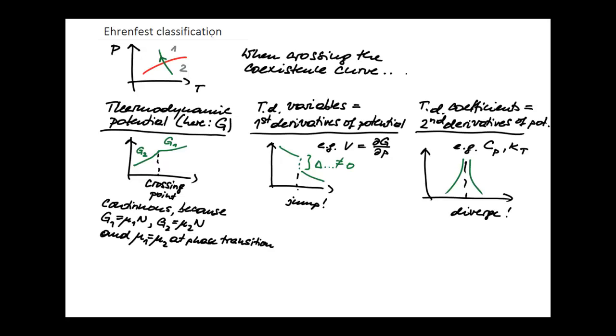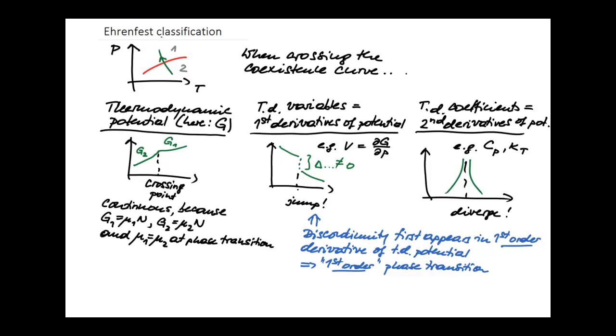And it's called a first-order phase transition because a discontinuity appears for the first time when I take the first derivative of the thermodynamic potential.